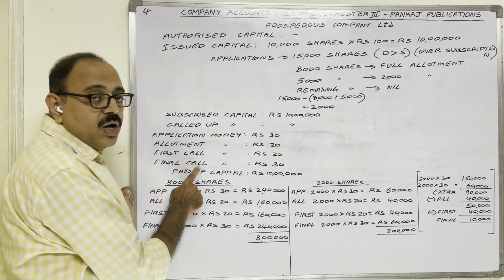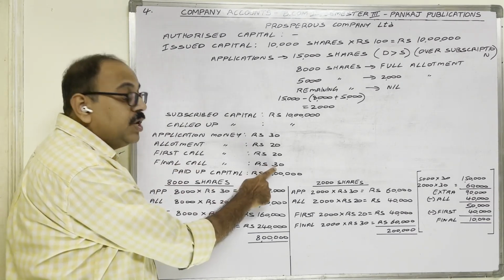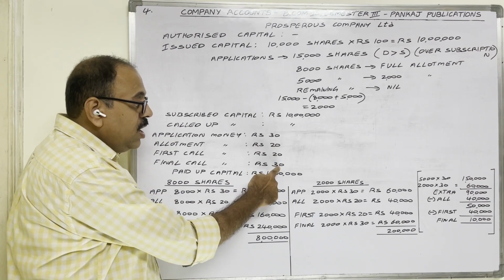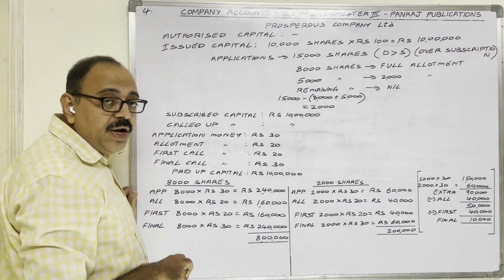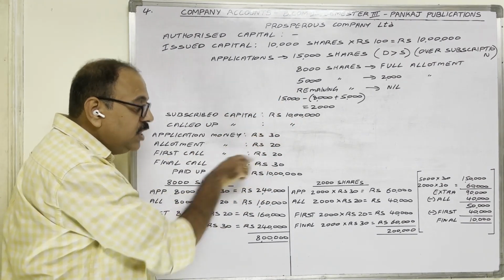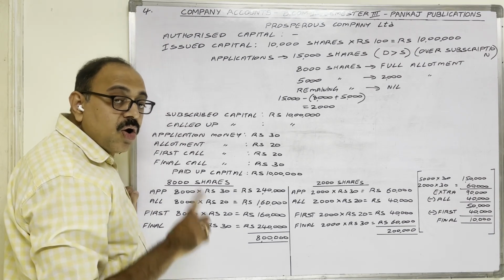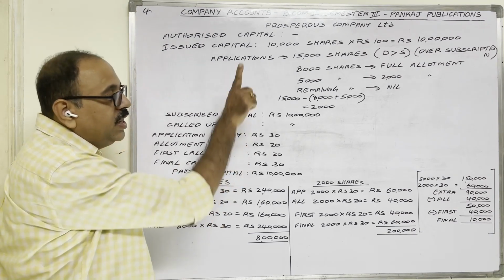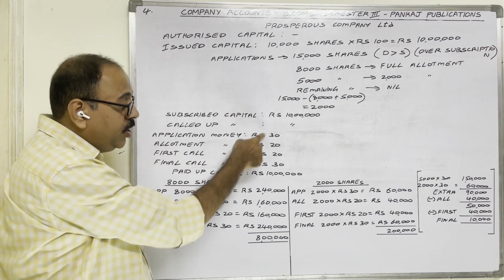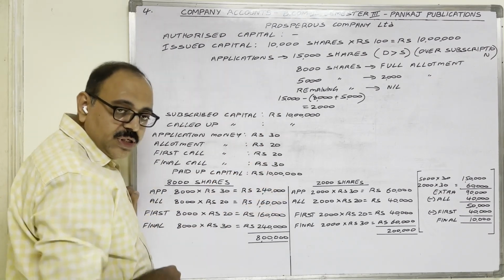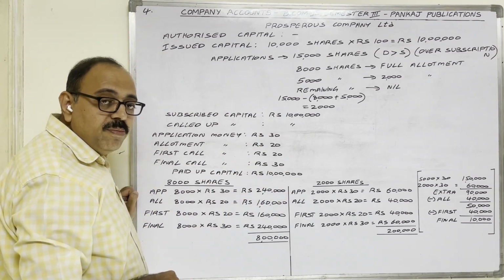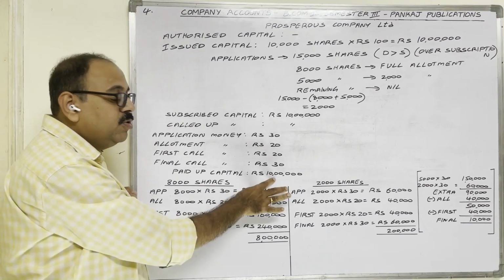Finally, the last call, the final call, 30 rupees per share. Total 100 rupees. In the current year only, the company made all these calls. Therefore, called up capital is also 10,000 shares into 100 rupees each, 10 lakh rupees.